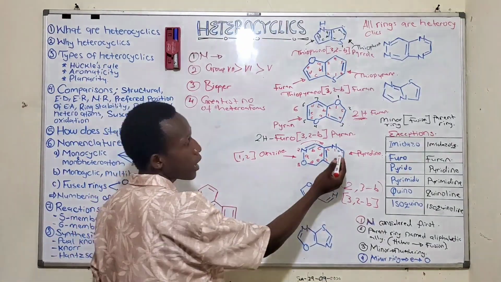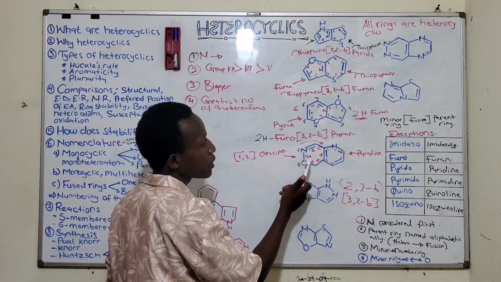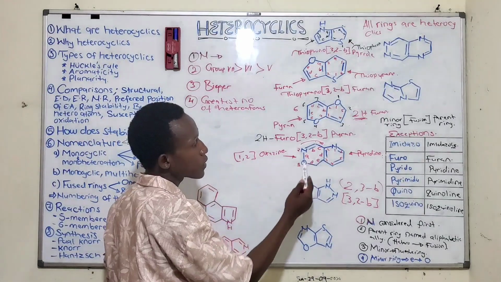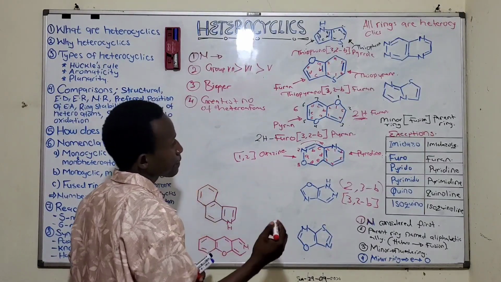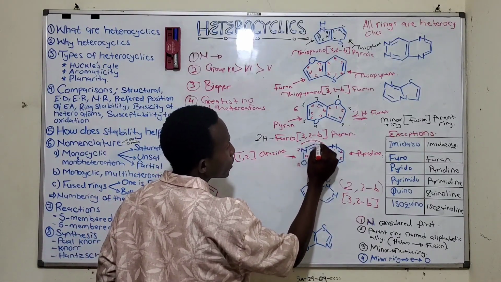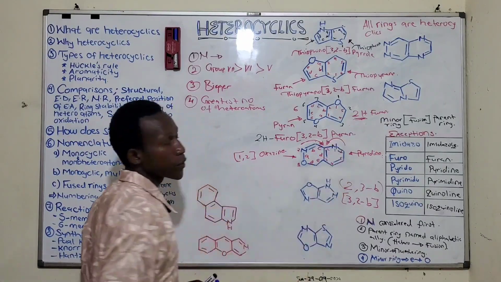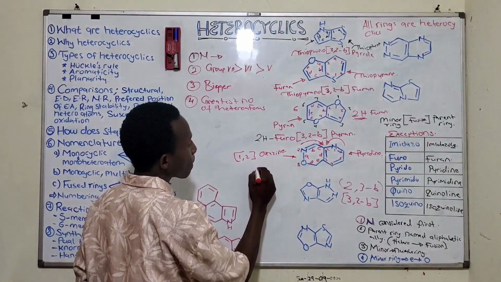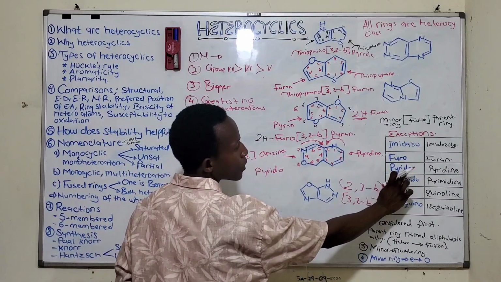We label the atoms. But for the major ring, we label the phases, not the atoms. So it should be this direction towards fusion and also this direction towards fusion. So this one will be pyrido. From here, pyrido.